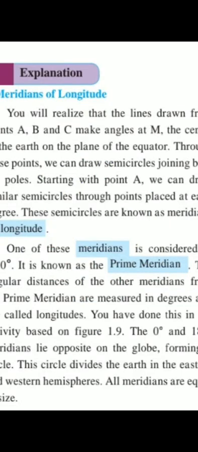Next is meridians of longitude. Before moving on, we'll understand the meaning of meridians of longitude.